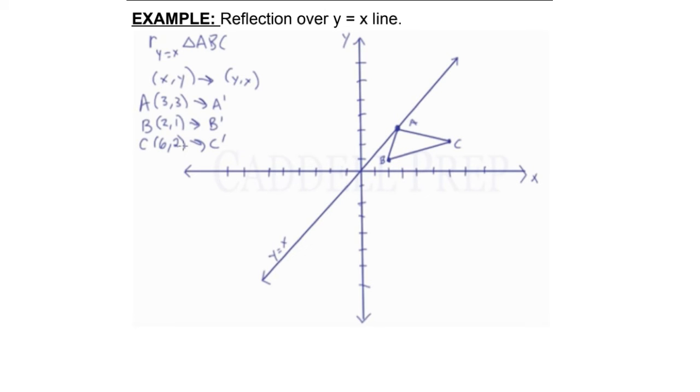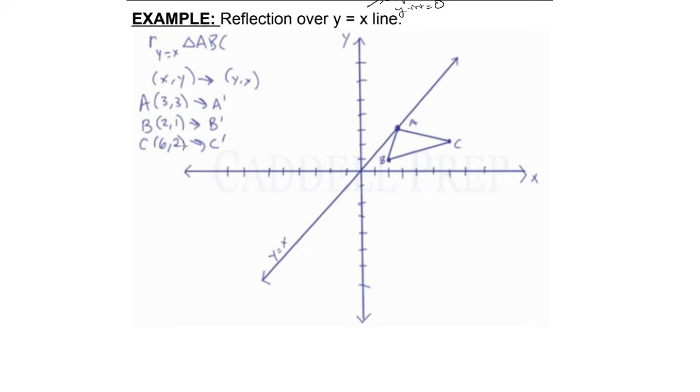All right. The last reflection line that's very important is reflecting over the y equals x line. The y equals x line is just a line with slope 1 and y-intercept at 0. So the slope goes up 1 to the right or down 1 to the left.